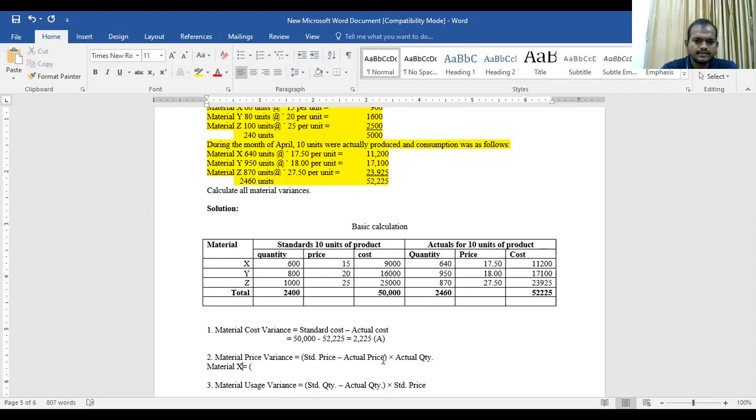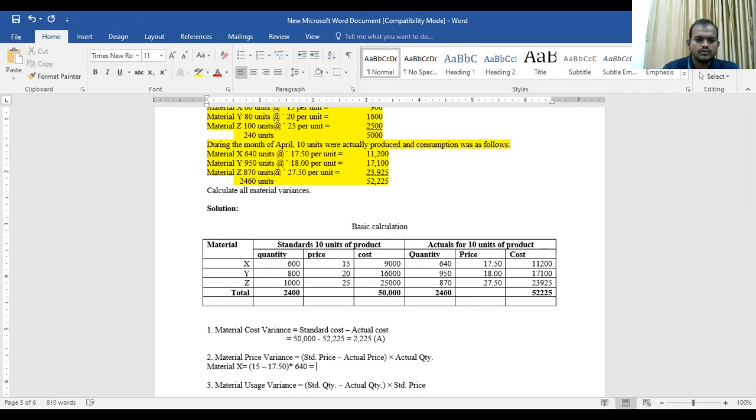Material X. So standard price is 15 minus actual price is 17.50 into actual quantity 640.